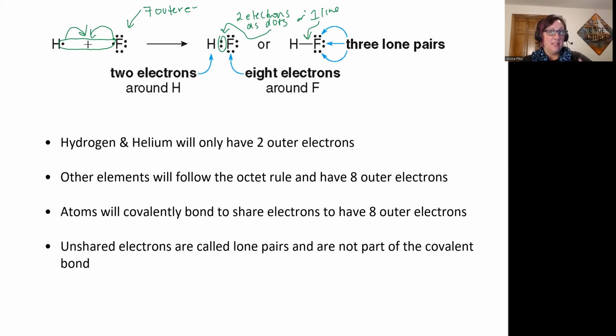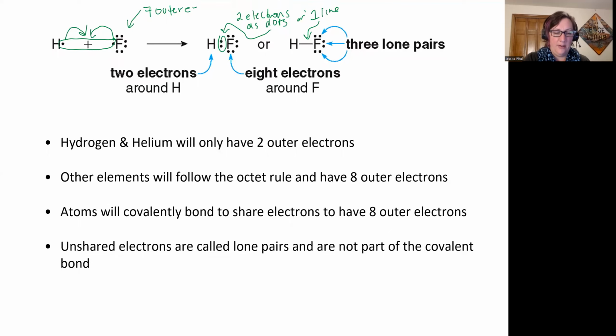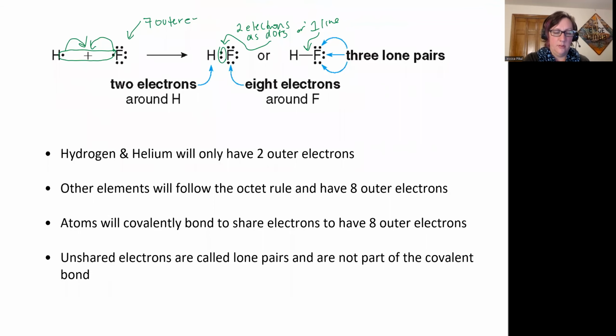Fluorine had 6 other electrons, though, so it's only sharing one of its electrons with hydrogen, because hydrogen can't fit all those other ones around it anyway. And so we have a set of what we call lone pairs. They're right here. These are the other electrons that are in the outer shell of fluorine, and they don't participate in the covalent bond.